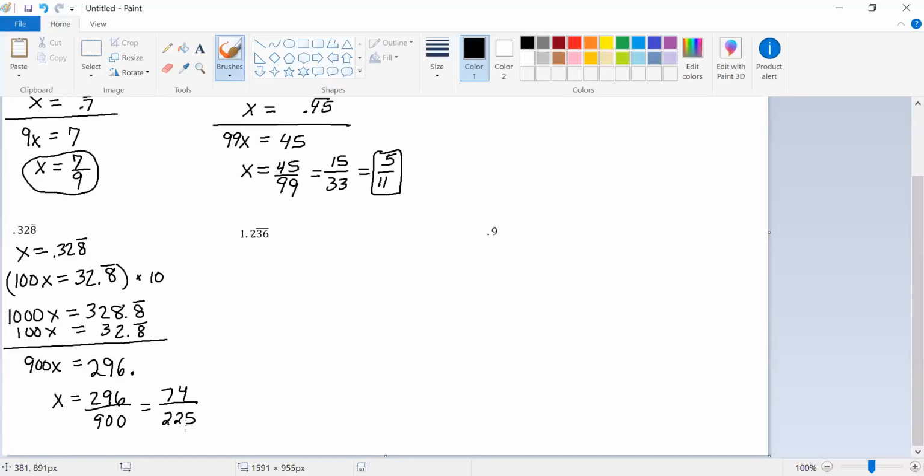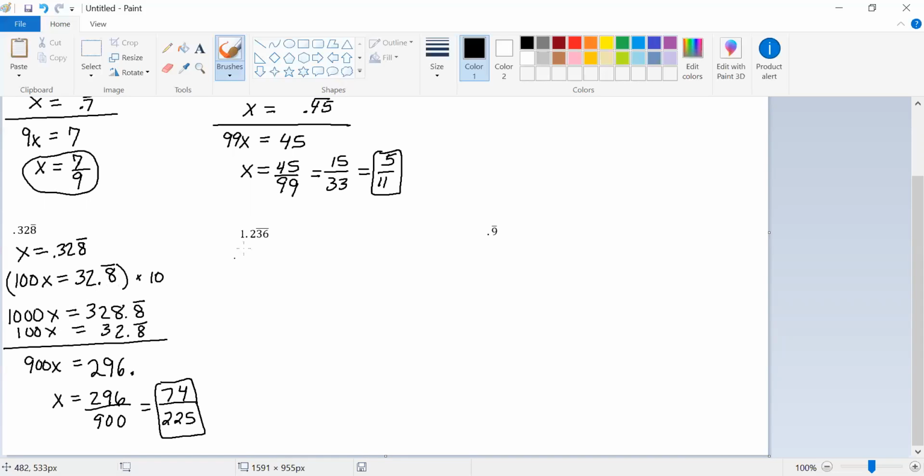Let's see, 9 will go into there, 3 will go into there, 74, no, I don't think so. Yeah, 2 will go into it, but 37 is a prime number. So this is reduced, and that fraction is equal to 0.328 repeating.